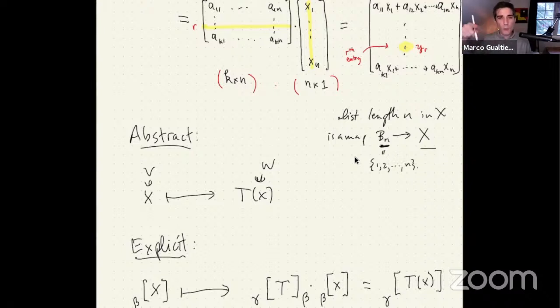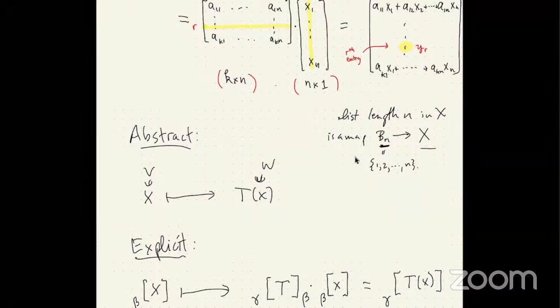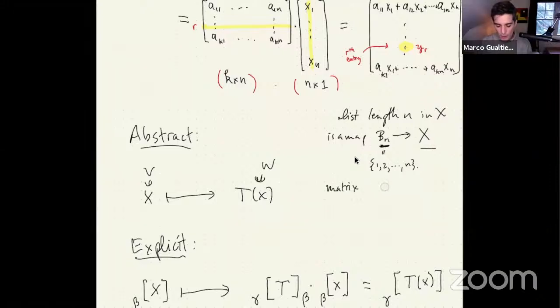So if you know where 1, 2, 3, 4, and so on are sent, that will give you a list of elements inside X, right? So a matrix, let's say a k by n matrix, what is that? It's just a map from Bk cross Bn into X. And that makes sense for any set X.